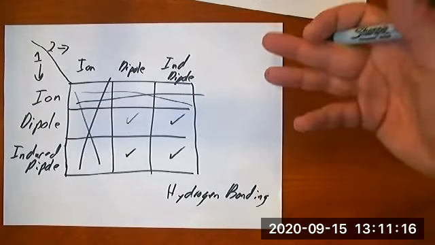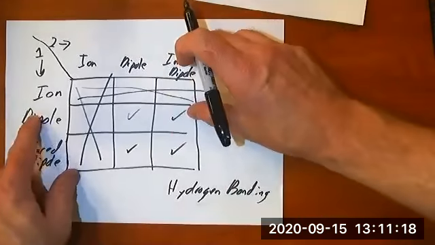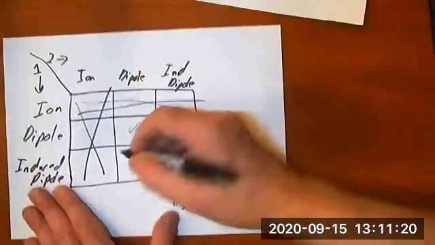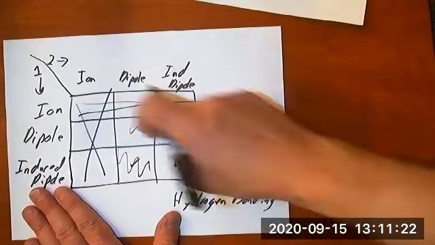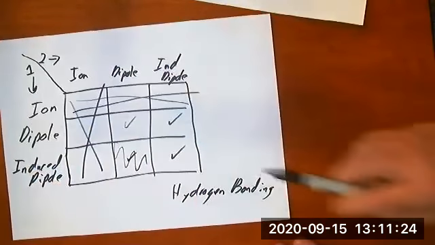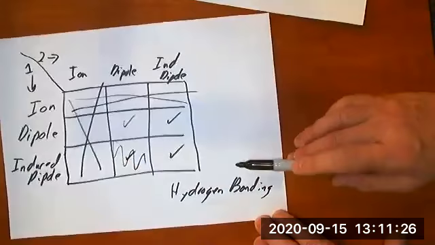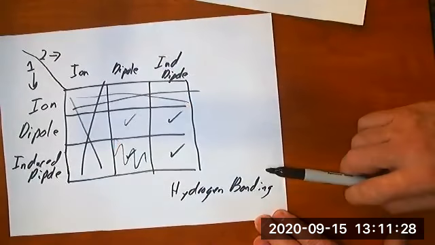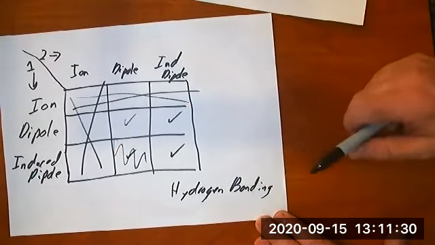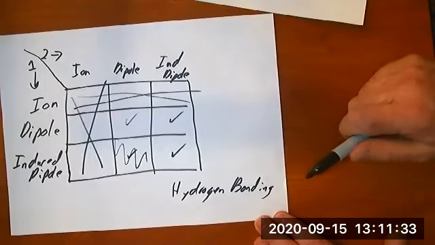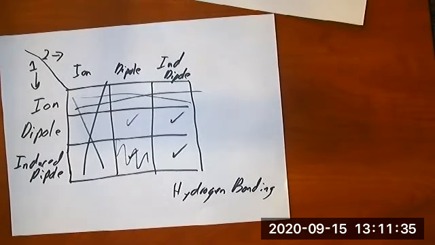Now, some of these are duplicates. Dipole-induced dipole and induced dipole-dipole are the same thing. So we only really look at those three. It's going to have dipole-dipole interactions, dipole-induced dipole interactions, and induced dipole-induced dipole interactions. And then maybe hydrogen bonding. Does that procedure to think about this make sense? Yeah, okay.